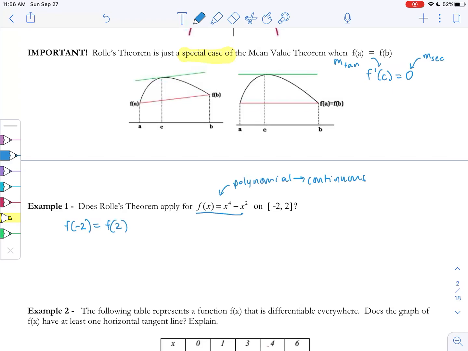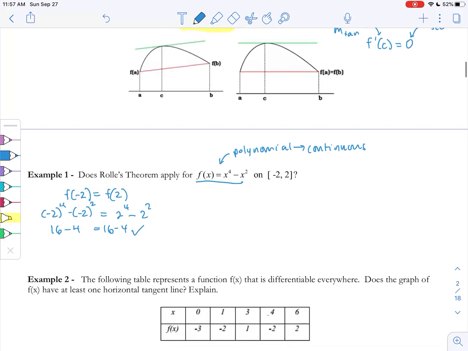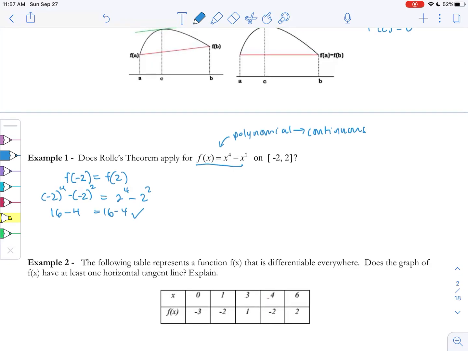So if we plug -2 into our equation, does it equal 2 plugged in? And we get 16 minus 4 equals 16 minus 4. So therefore, Rolle's theorem would apply. And it just asked us, does Rolle's theorem apply? So your check is for this.